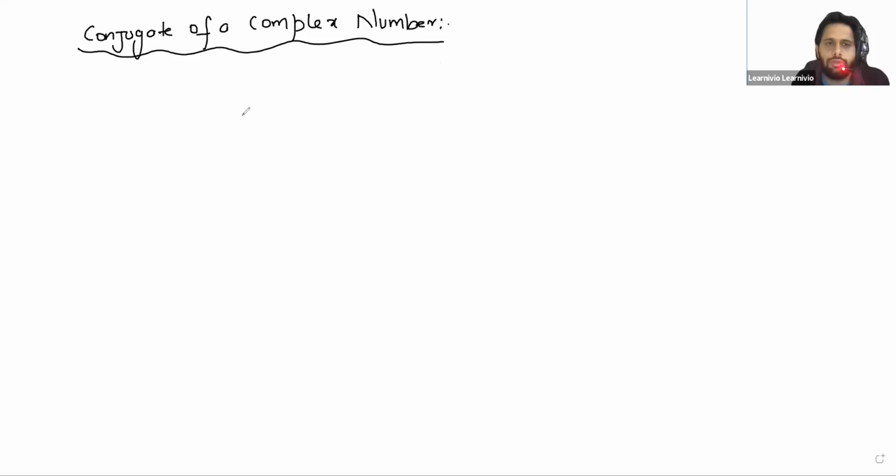So, conjugate of a complex number. Let z be a complex number.